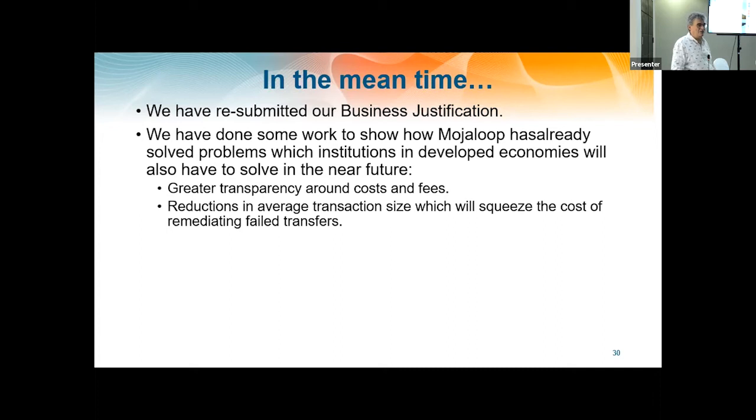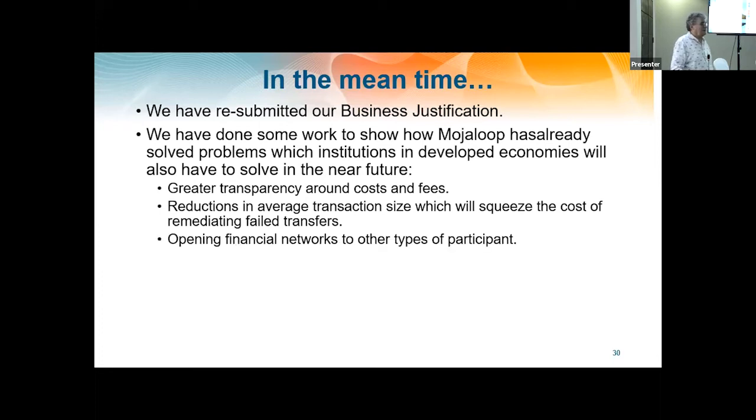At the moment, you've got a pretty high per transfer average value for ISO messages. However, one of the things that's happened as a consequence of the pandemic is that the average amount of a payment in the UK has gone down by approximately 15% in the last 2 years. That's a lot. And all of that eats into the cost of providing remediation services for payments which fail, typically because they've not been agreed in advance.